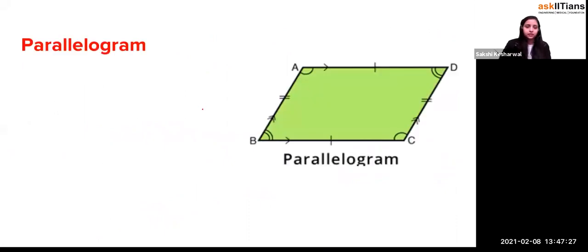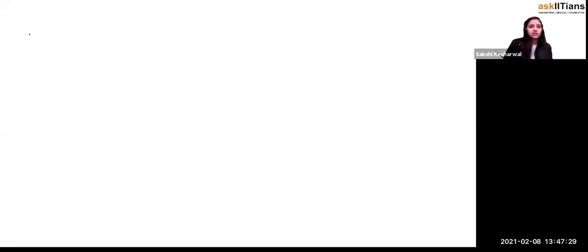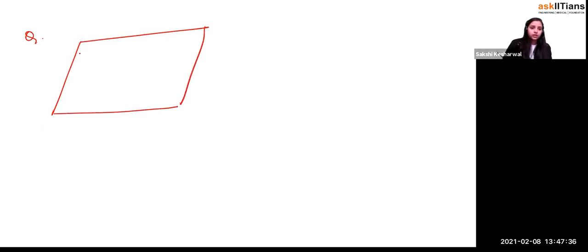See over here, we have already done quadrilaterals, so I'll give you one question like this. This angle is 100 degrees, this angle is 60 degrees, and this angle is 20 degrees.